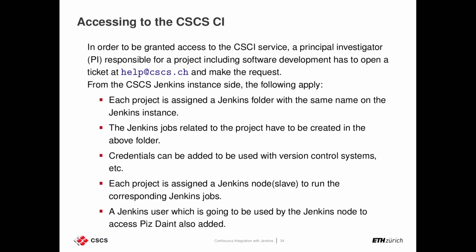As I showed you, credentials can be added inside the folder, so you can add GitHub credentials that will be only accessible by you, or your user in particular, or your team, whatever you need. These credentials cannot be accessed by someone outside this folder.